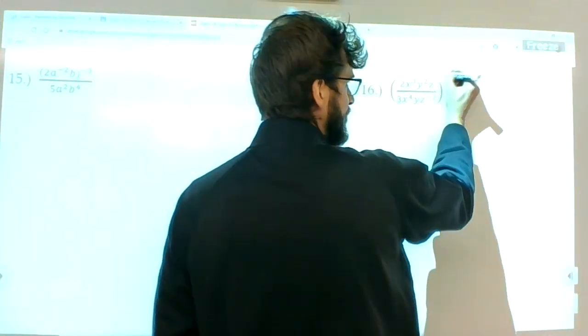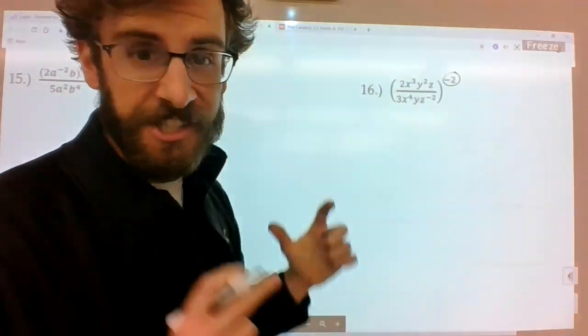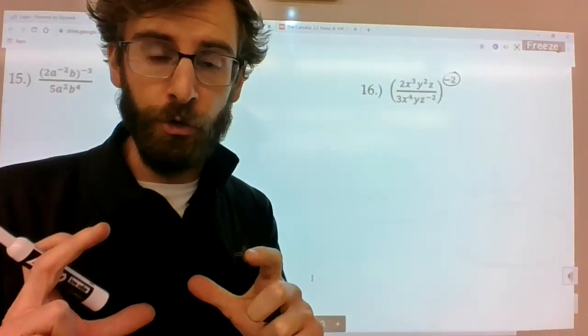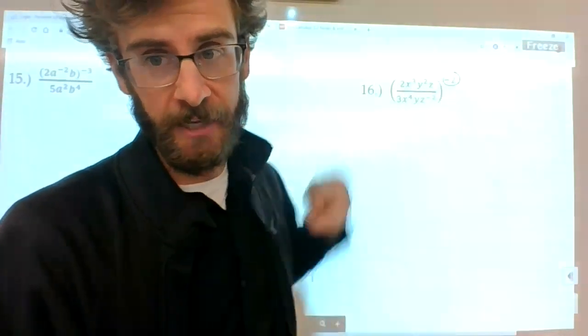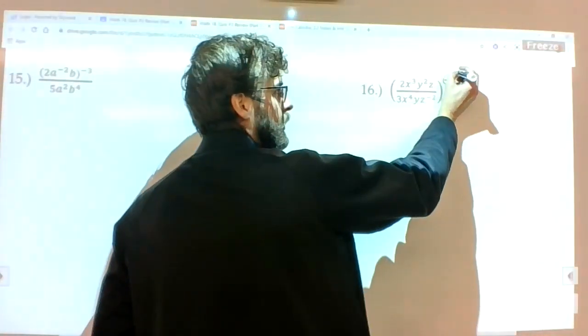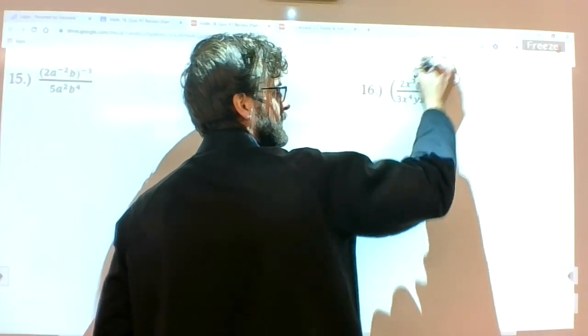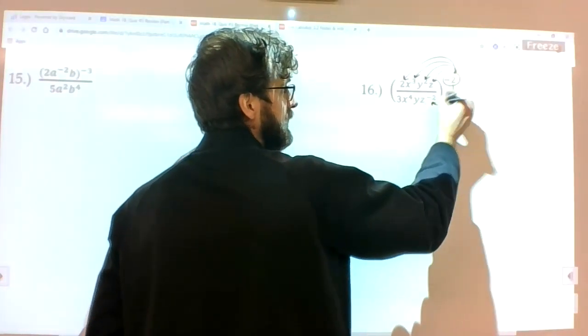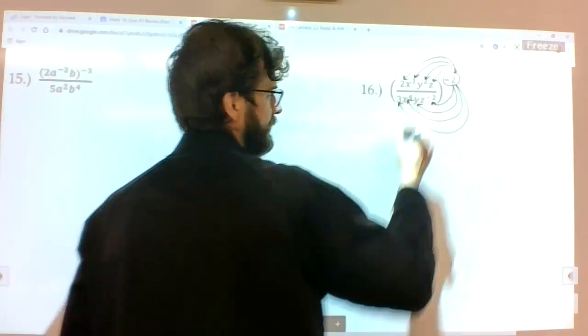All right. The -2 is not just going to the top part of the fraction, but since the entire fraction, the entire group on both the top and the bottom, they're all getting the -2. So to the z, to the y, to the x, to the 2. To the z, to the y, to the x, to the 3.